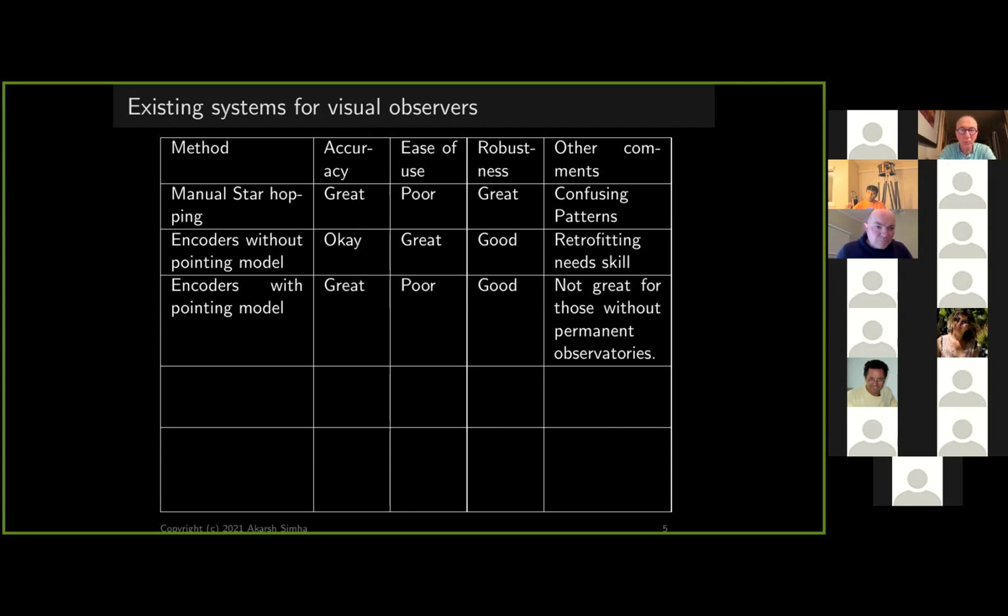And so if you mount one of these encoders on your altitude and zero it correctly, as you move your telescope in altitude, it's going to register how much you moved your telescope. You probably know about encoders because they're inside your mounts, your imaging mounts, and that's how your mount knows where it is. But in the visual observing land, it's something that people retrofit on telescopes.